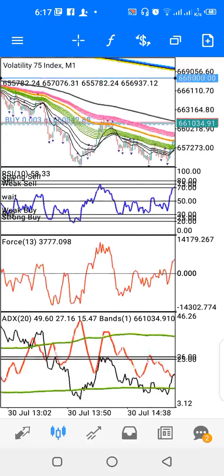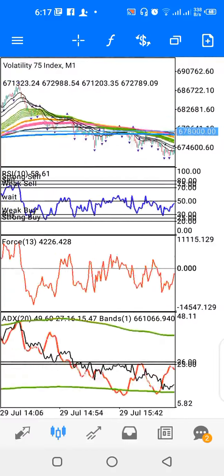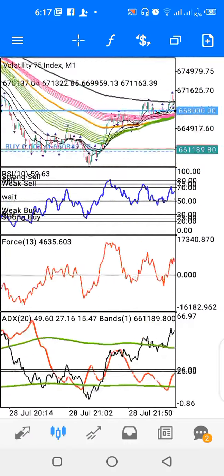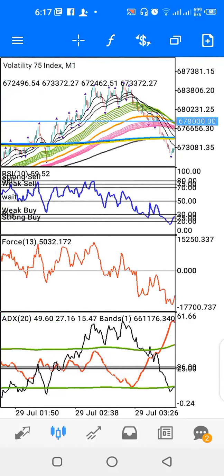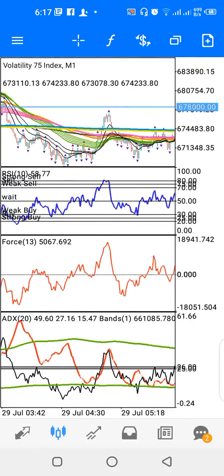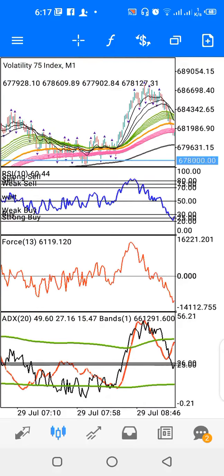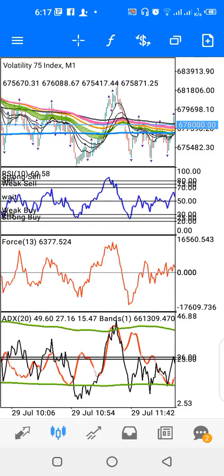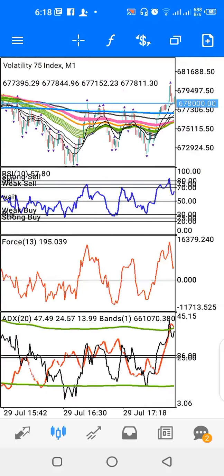Then for sell, you have all moving averages below the trend moving average. This is the trend moving average. You have all moving averages crossing above, then going down below, bouncing above, still above, then at some point they all go down below. Let's get to where they all go down below.